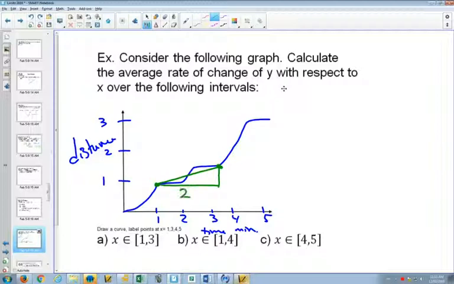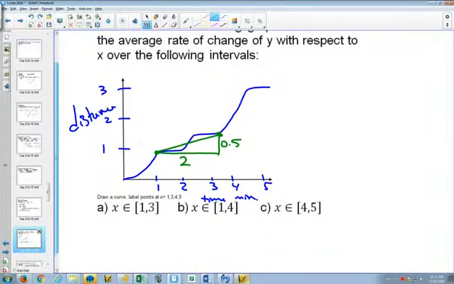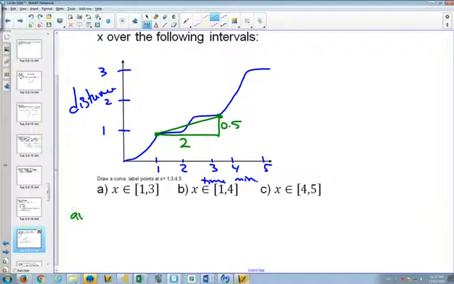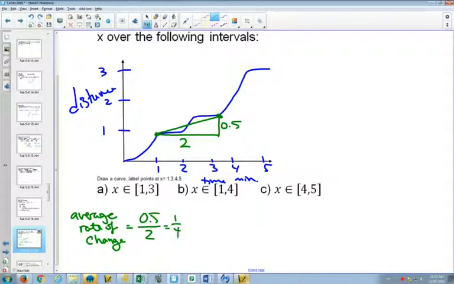We know that our run would be 2, and if we would estimate our rise, does it look like about 0.5 there? So if we figure out the average rate of change for this first one, it's going to equal 0.5 over 2, which is equal to 1/4.